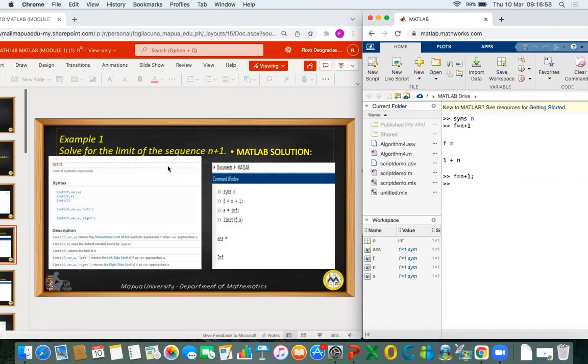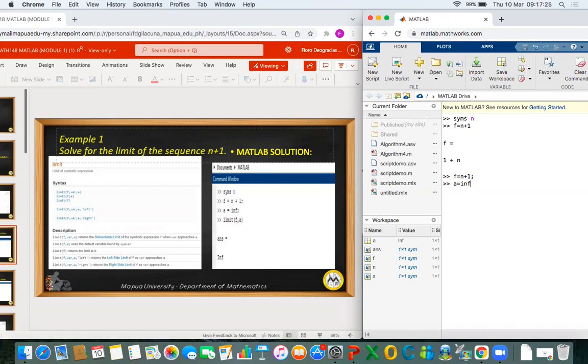Okay, then you declare, class, your indicated limit, and that is infinity. That is your a. So that is a equals infinity. For the infinity symbol, class, we use the Greek letter infinity, right? But in MATLAB, we use the expression inf, or the word inf.